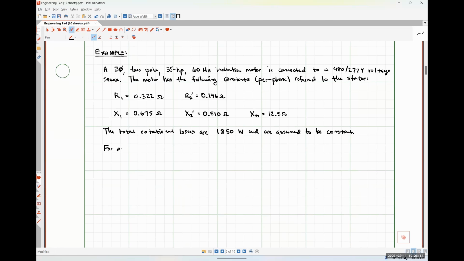So for a rotor slip of s equal to 3% at rated voltage and frequency, determine the following quantities. And we'll just go through these one by one.